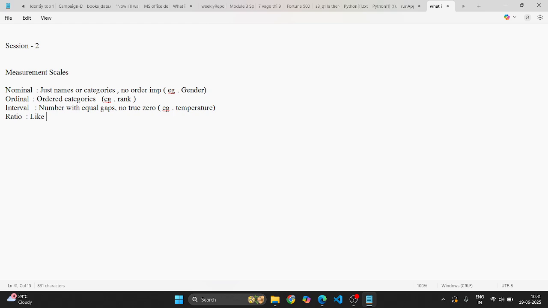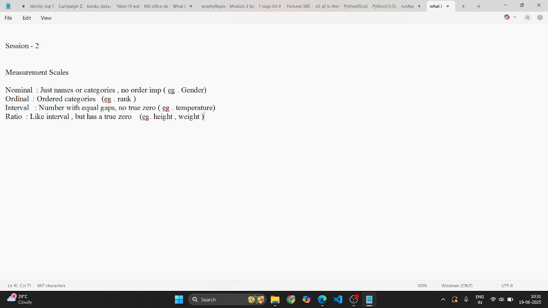It's like an interval but has a true zero. What will be the example? Yes, correct. Height and weight, we can say.